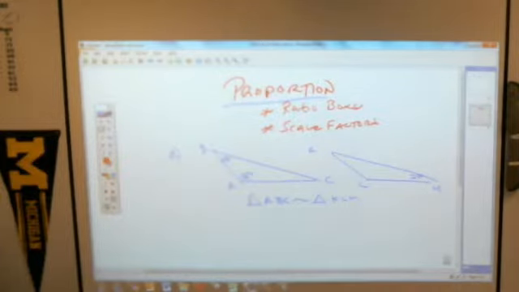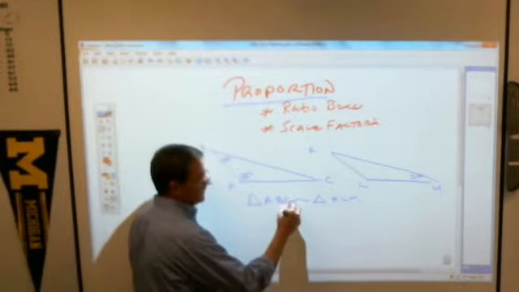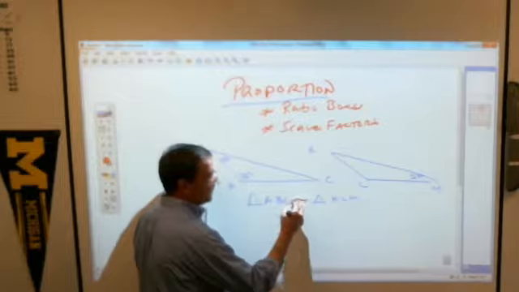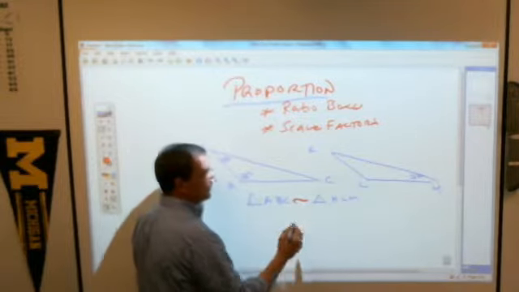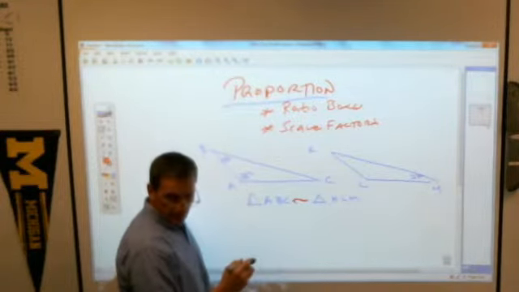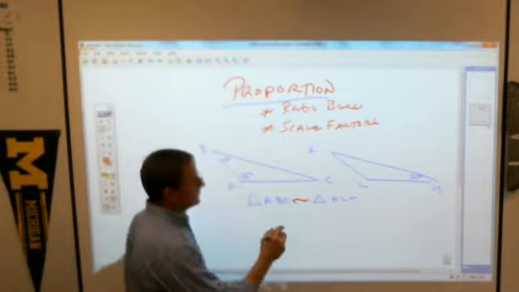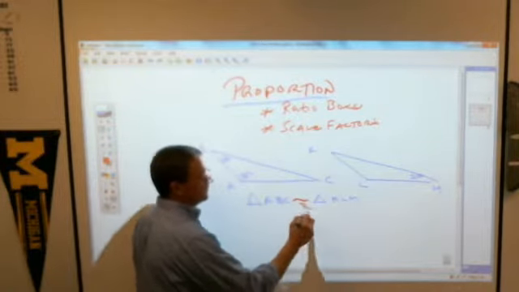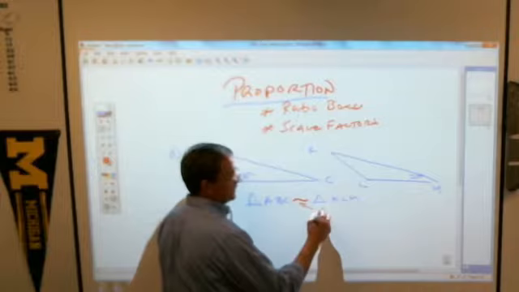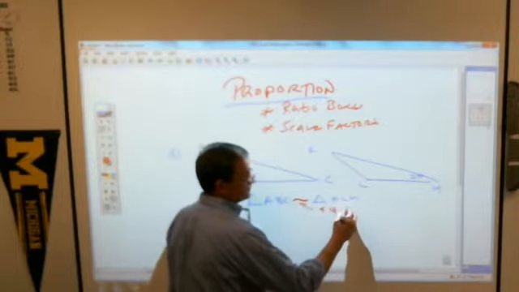You with me? Picking up what I'm laying down? What does this little doohickey thing mean right here? Anybody? Did you just guess at that or did you know? Guess. You should be a teacher. This little thing here means similar.